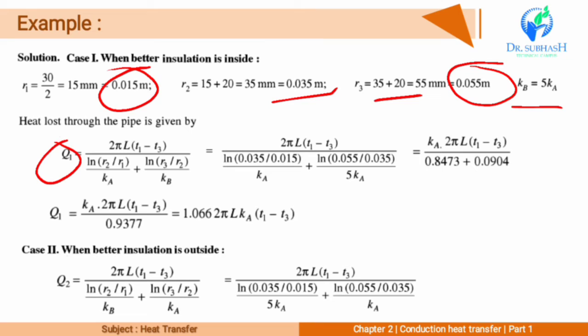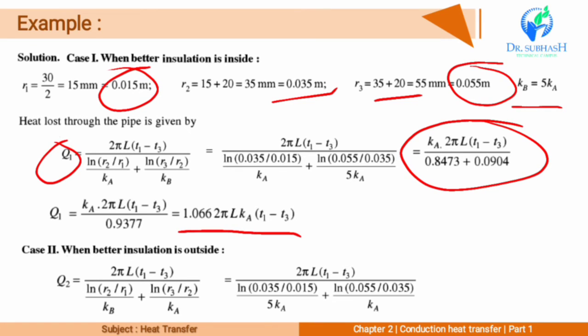Putting the values of radius in the equation, we get Ka into 2 pi L multiplied by (T1 minus T3) divided by 0.8473 plus 0.0904. By simplifying it, we get Q1 is equal to 1.066 2 pi L into Ka (T1 minus T3).